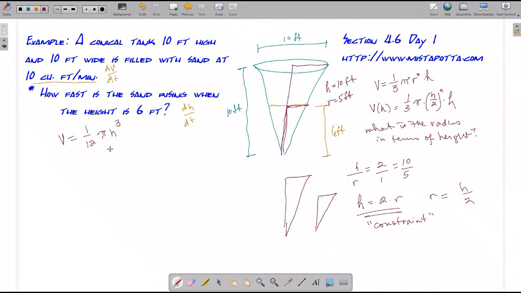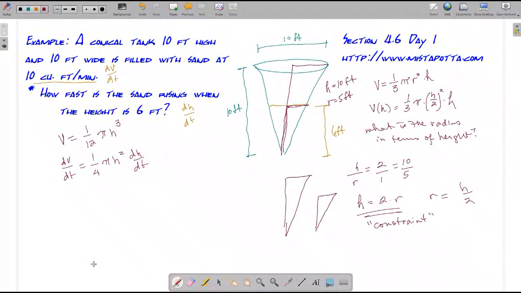So if my volume is 1/12 pi h cubed, I need to take the derivative of this with respect to time. And that's going to give me 1/4 pi h squared dh/dt.